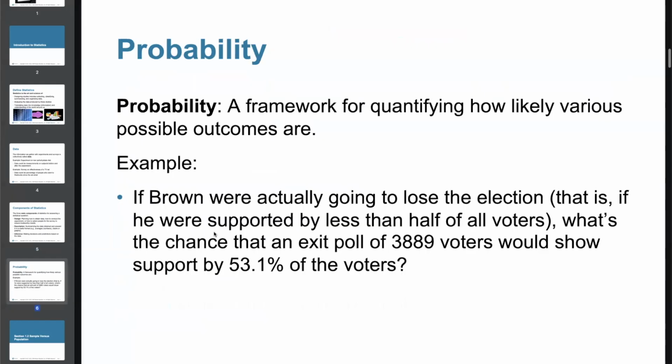Also in this class, we will learn some basics about probabilities. Probability is a framework for quantifying how likely various possible outcomes are.